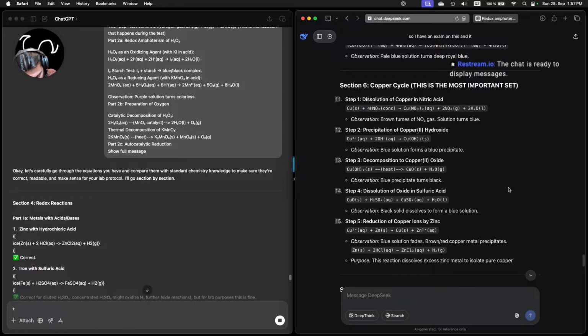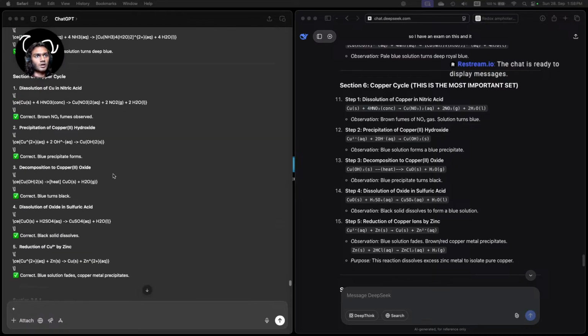Dissolution of copper in nitric acid. So it's correct overall.